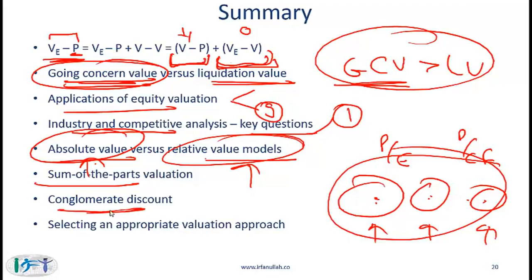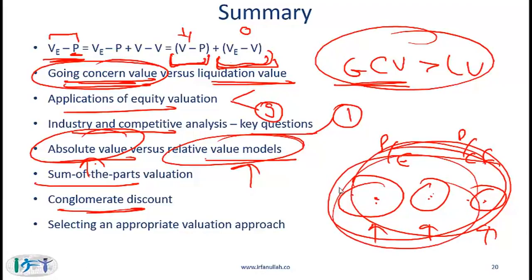Then in cases you might apply a conglomerate discount if you believe that this combination of companies makes the overall company somewhat inefficient. And finally, we talk about selecting an appropriate valuation model, and I've already alluded to this. Given the sort of data available and the nature of the company that you are evaluating, you need to pick an appropriate model.